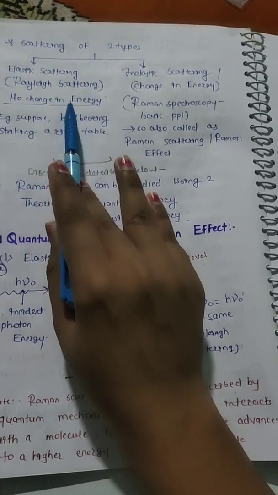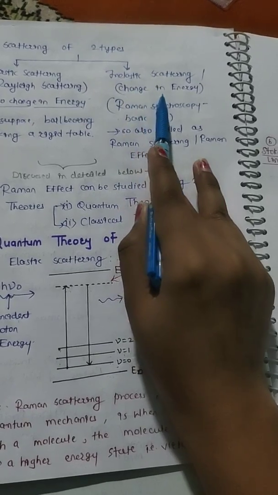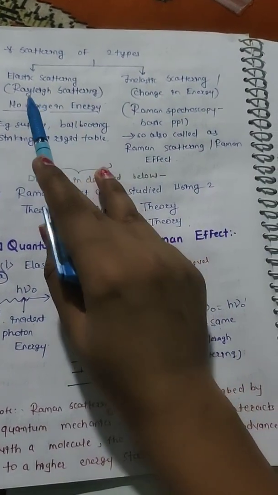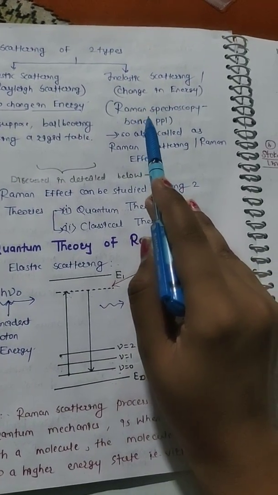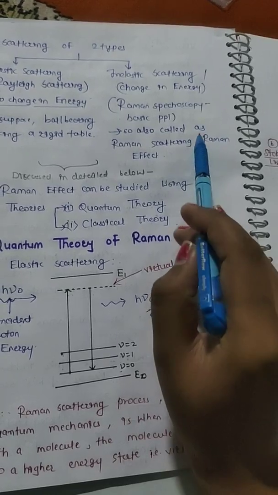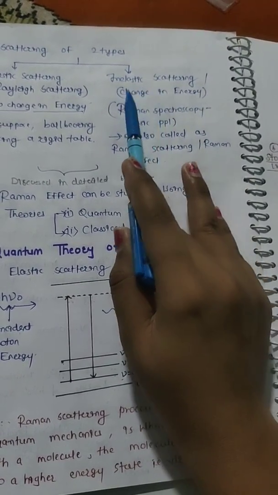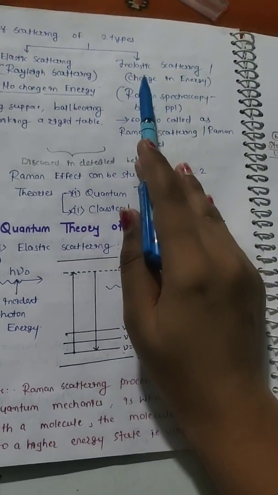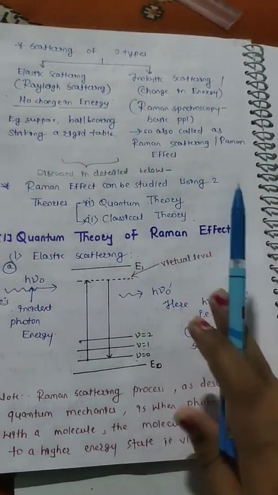Inelastic scattering means a change in energy, either lower or higher. Elastic scattering is also called Rayleigh scattering, and inelastic scattering is also called Raman scattering or Raman effect. So the basic principle behind Raman spectroscopy is inelastic scattering. Mainly we are interested in inelastic scattering, which is discussed in detail below.